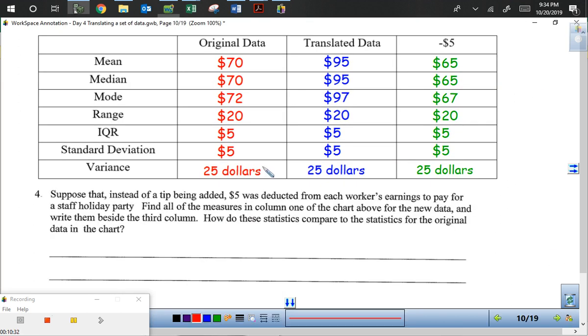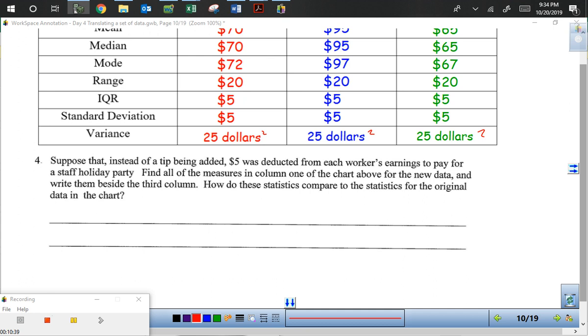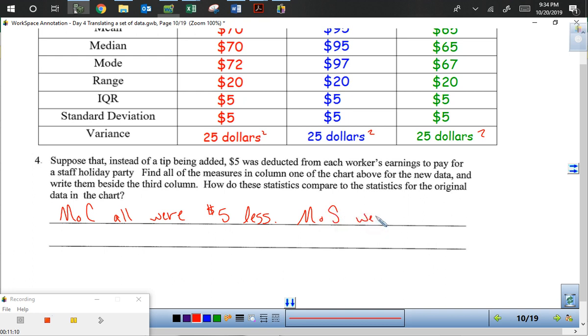Okay, hopefully you saw that the same pattern ended up happening. So I don't want to repeat myself too much here, so I'll really shorthand. We're looking at this compared to the original, but the measures of center all were $5 less. And then the measures of spread were invariant.